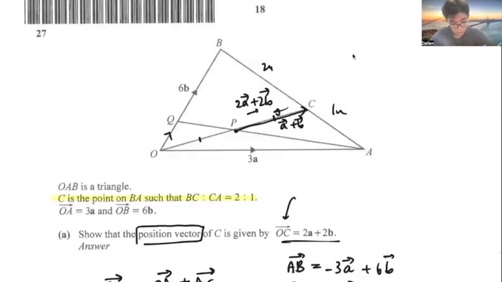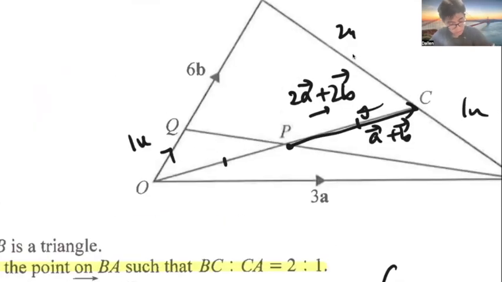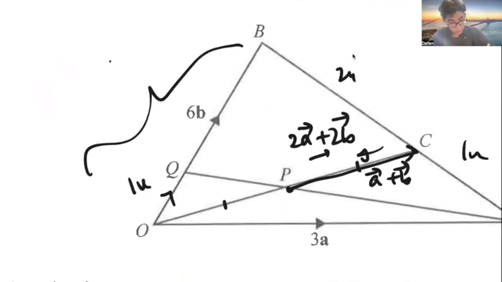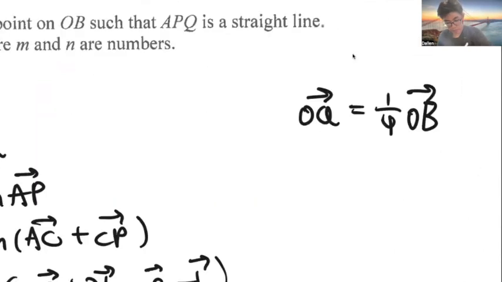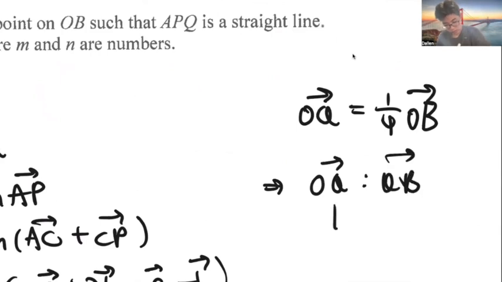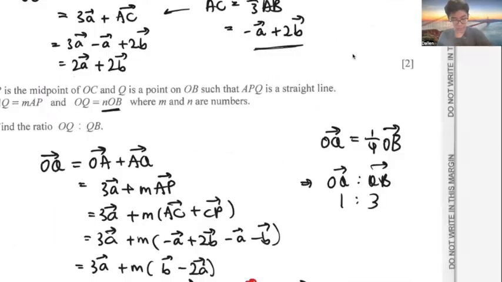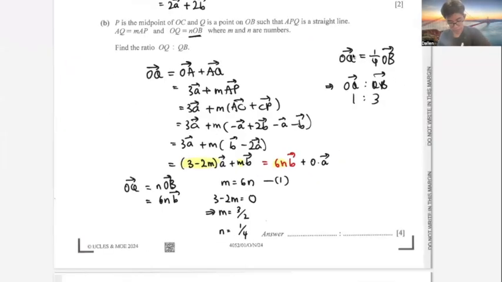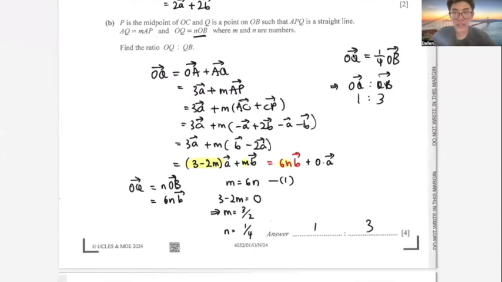This means that OQ is 1 unit, and OB is 4 units. So QB must be 3 units. So OQ to QB is obviously 1 to 3. And that's our answer. This is part B.